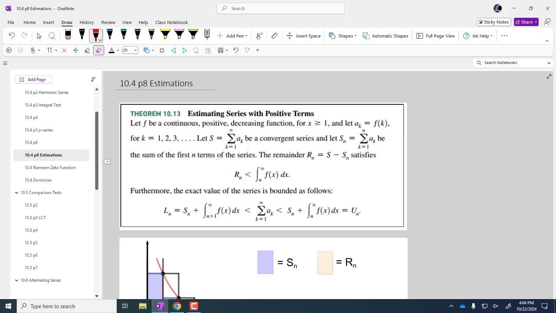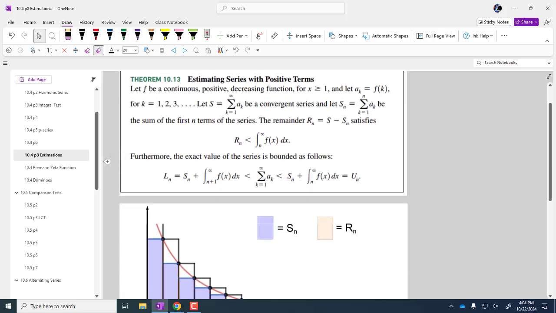All right, let's talk a smidge about some estimations. We're not going to do a lot of this, but a little bit. If we have a series that converges, you can write this equation down. I think it's more intuitive to write it this way: the sum of the series is going to be the nth partial sum plus the remainder associated with that nth partial sum.